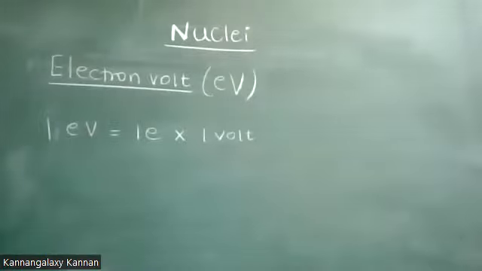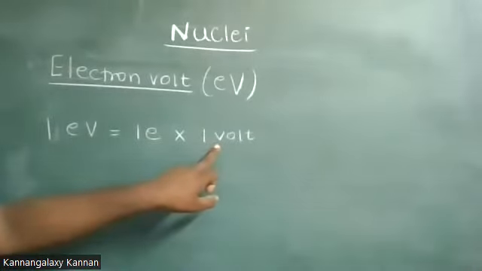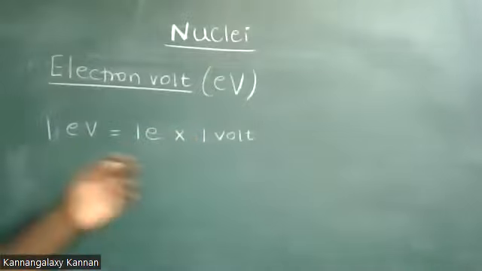From this definition itself we can see that 1 eV is equal to 1 times e into 1 times V. When one electron is accelerated by 1 volt of potential difference, it will gain some energy. That energy is equal to 1 eV.